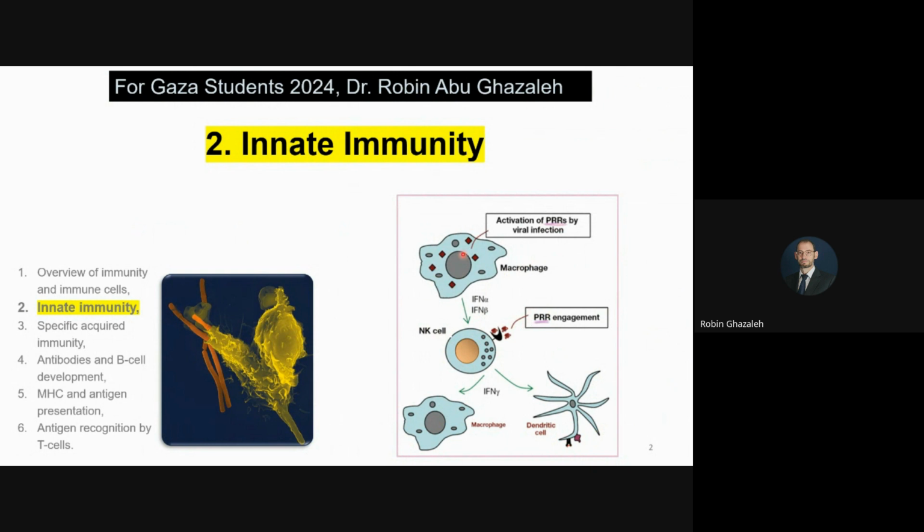The macrophages themselves are activated by pathogen recognition receptors after they recognize viral infection. Now, that's what we're going to talk about first. So our first subject in today's lecture of innate immunity will be looking at these pathogen recognition receptors.